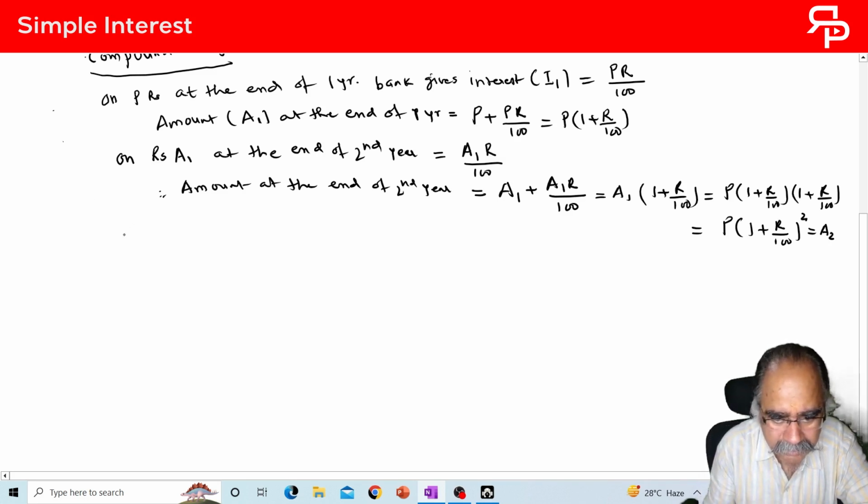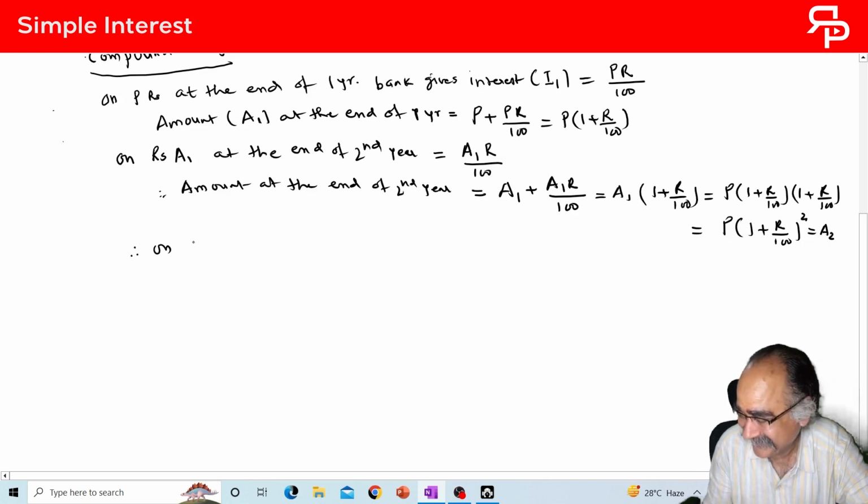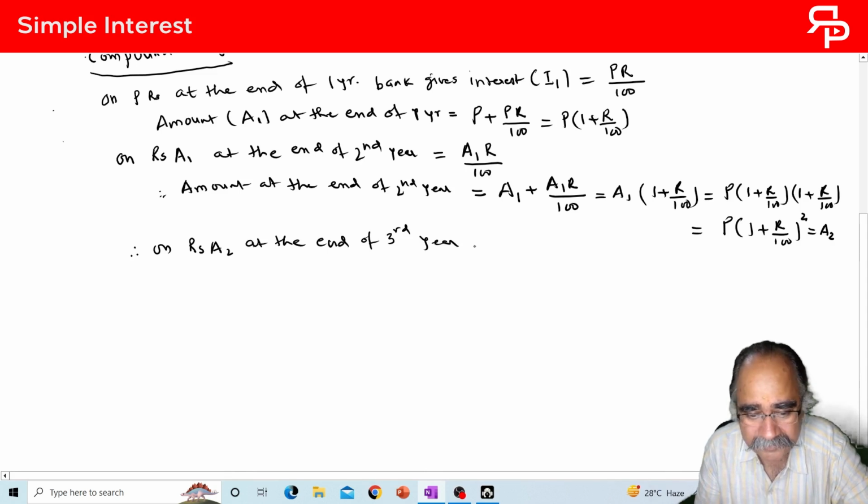Therefore, on rupees A2, at the end of the third year, that is only for 1 year, how much interest will the bank give me?